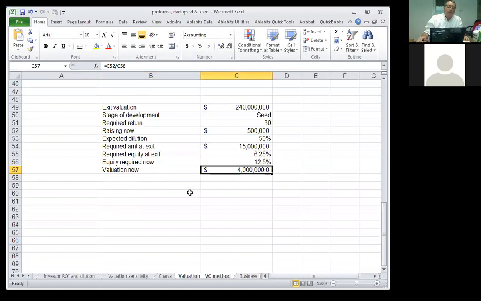So your valuation is 4 million. That's called the VC method valuation.